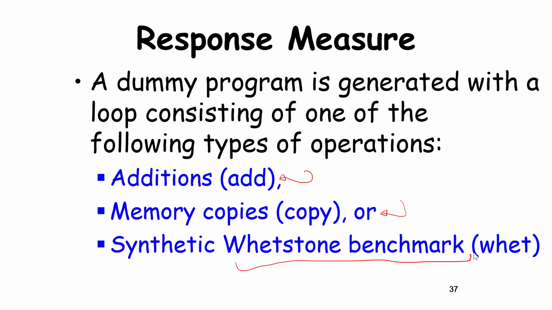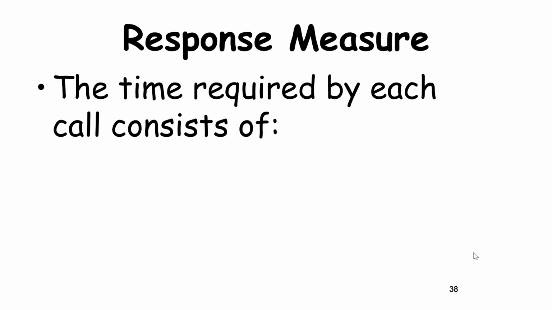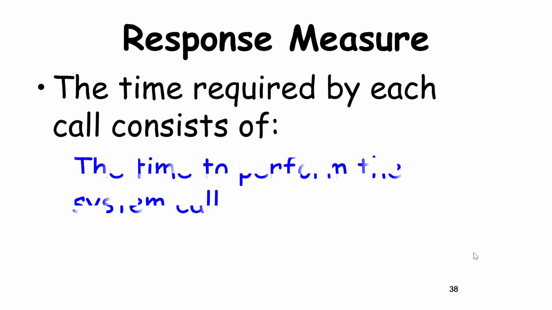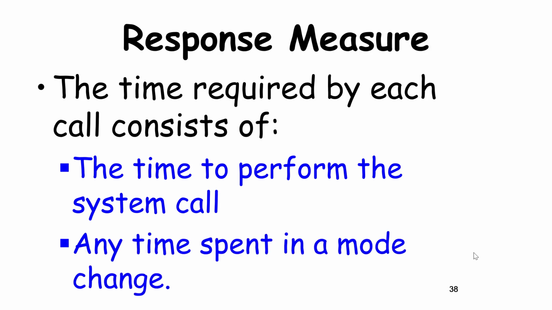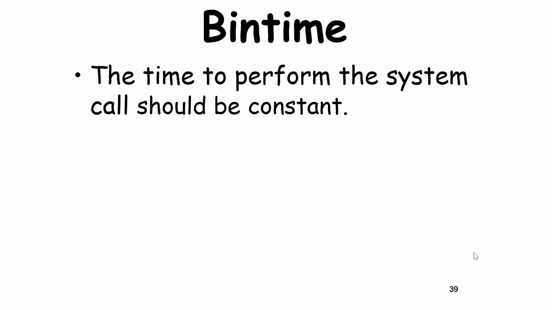The distribution will give you the information that you need. So the time required by each call would consist of the system call time, the time spent in the mode change, the time that the kernel takes, the time that the application takes. Given that it's a full system, it would actually consist of a bunch of measures.